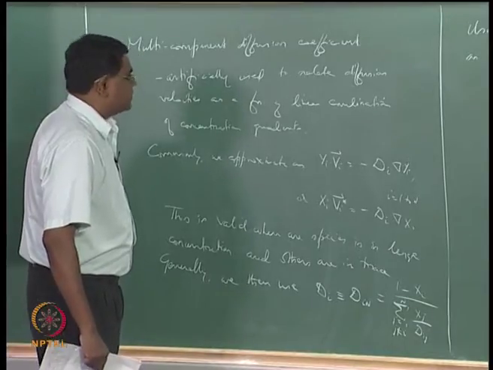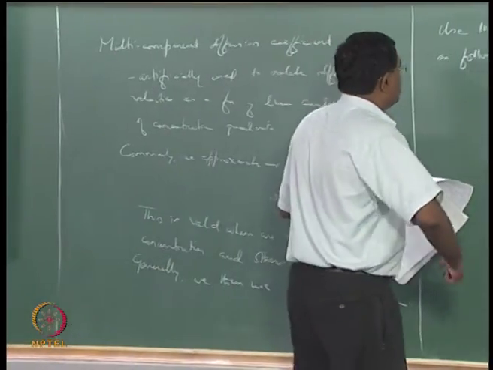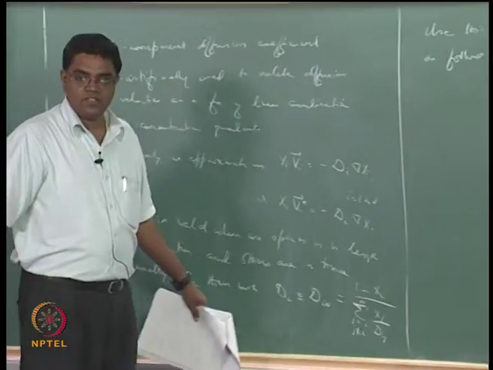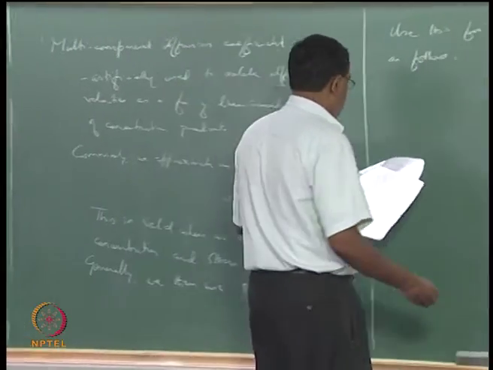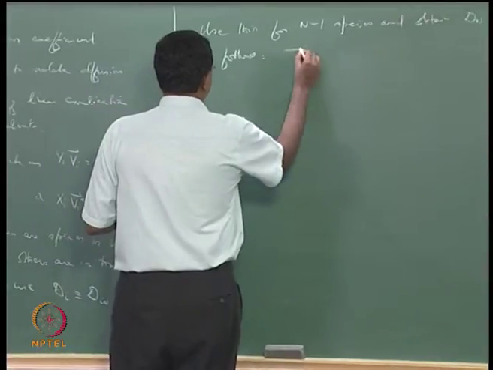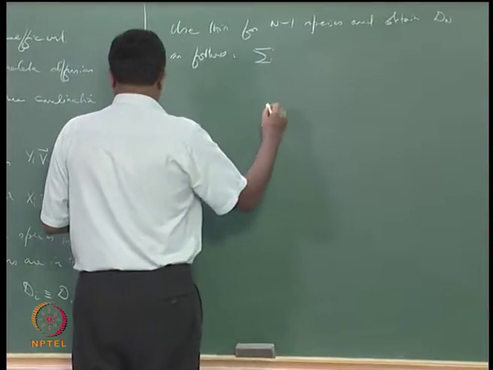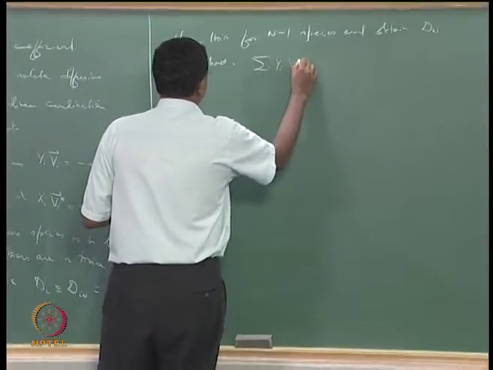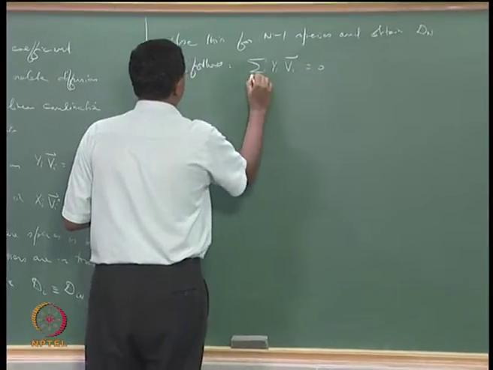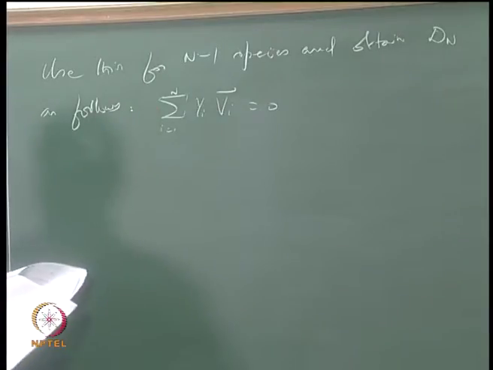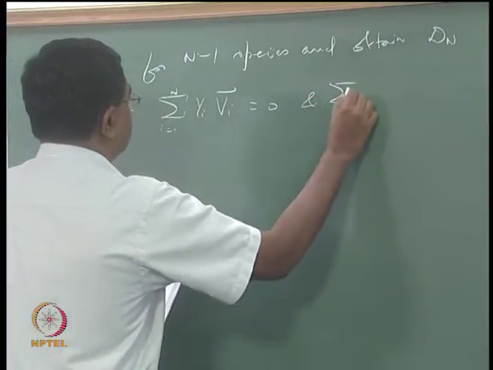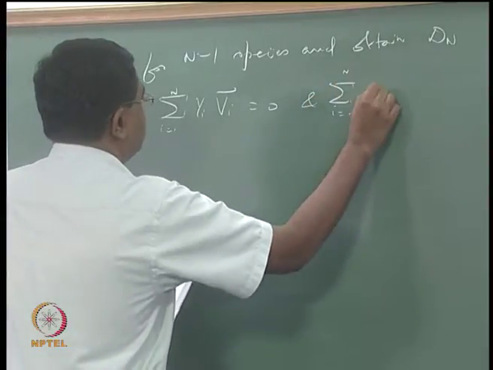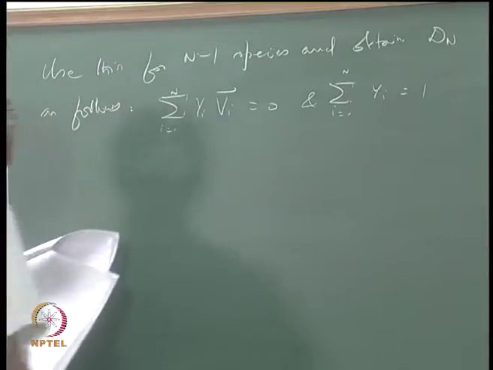If you have to do this, then don't do this for all the n species. The nth species has to be obtained from adopting sigma Yi Vi vector equal to 0, i equals 1 to n, and sigma i equals 1 to n Yi equal to 1.